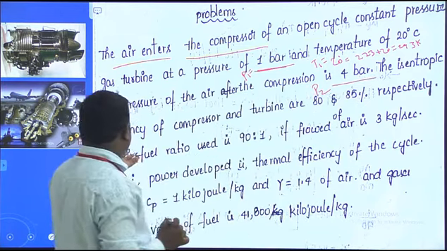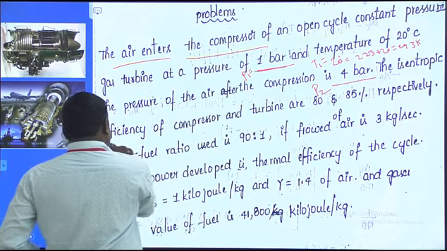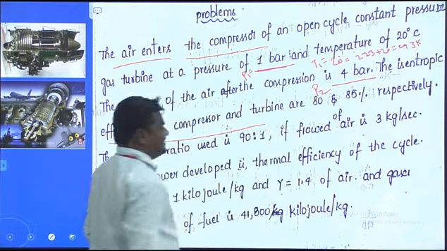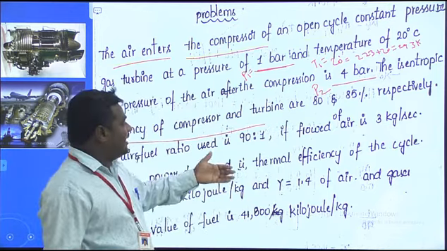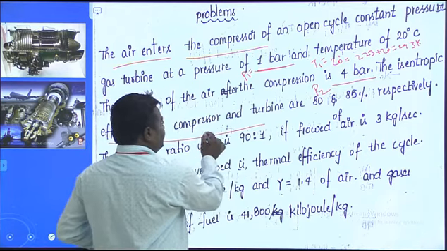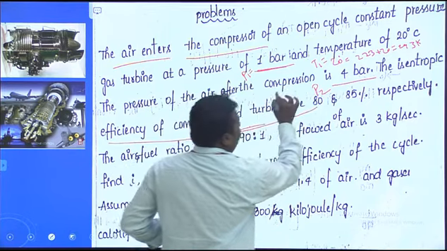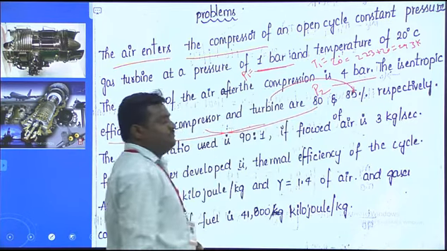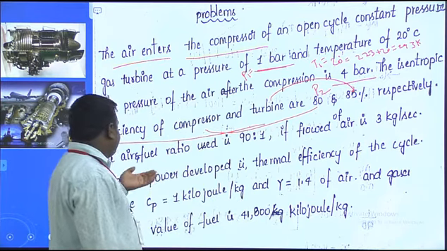The isentropic efficiency of the compressor is 80% and of the turbine is 85%, respectively.